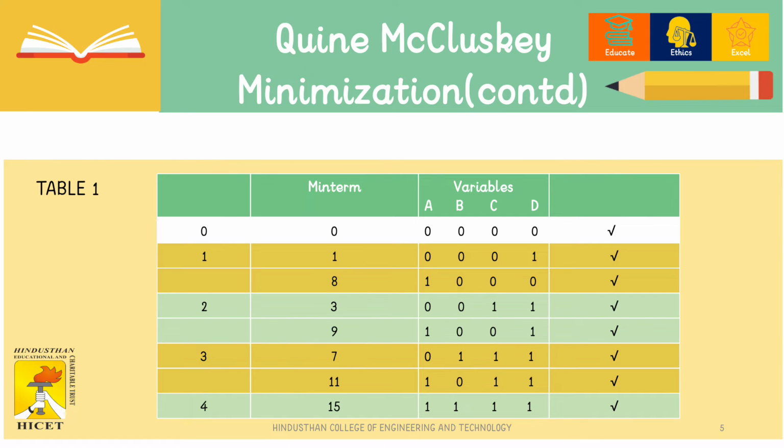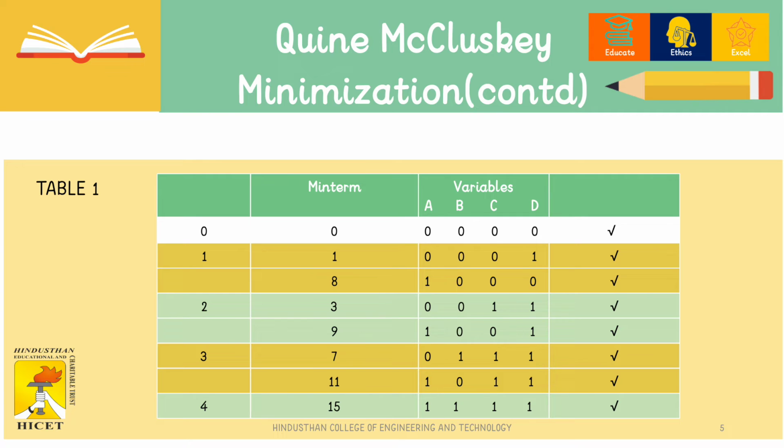So the common values are to be written as such, and the variables where there is a change have to be replaced with a dash. We have to take into account the comparison of the minterms for only a single variable change. If there is a change in 2 or more variables, we should not take them for comparison.